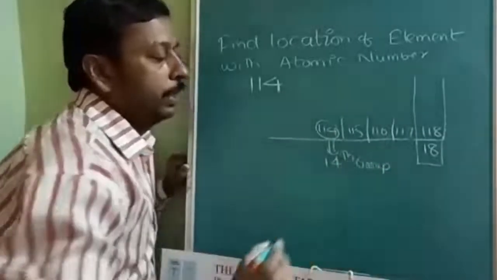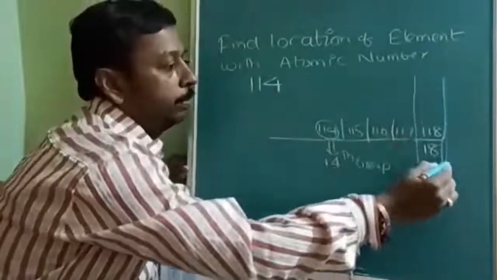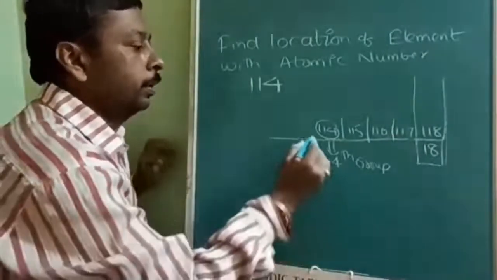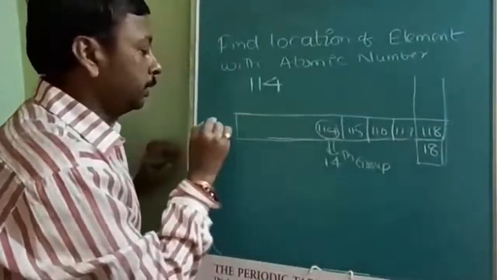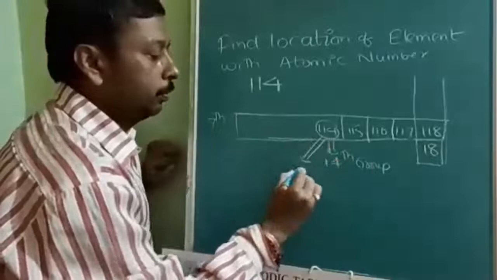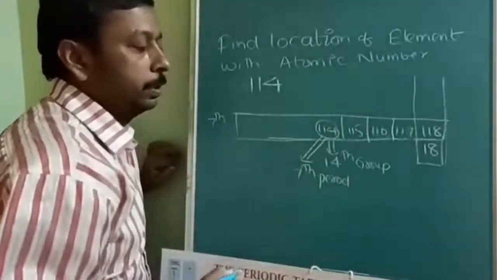Finding out the group number, is that clear? 118 is the last element in the periodic table. So last group, 18th group. Now the last element in the periodic table, which period is it? Seventh period. So 114 belongs to which period? Seventh period.